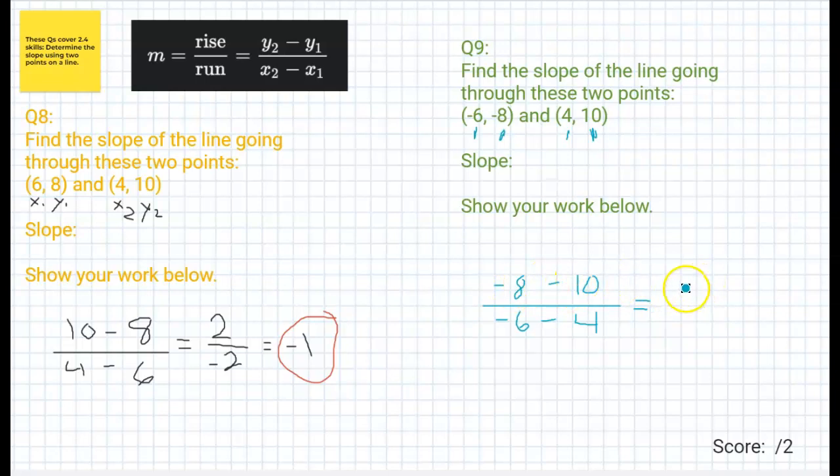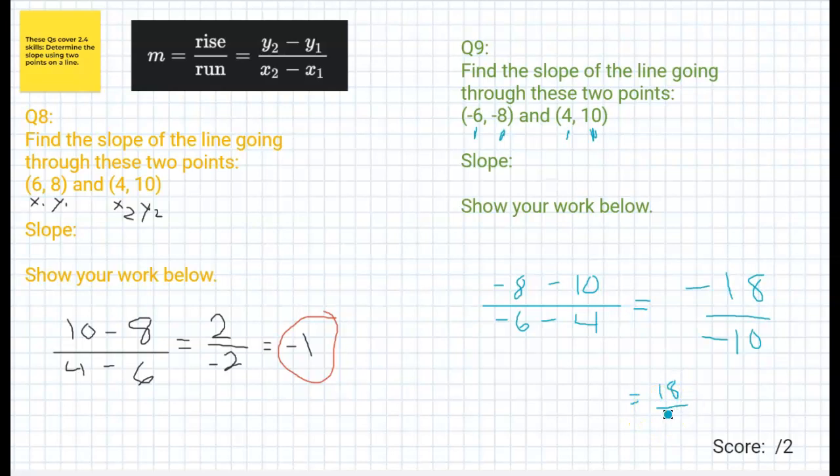So -8 minus 10 is negative 18. And then negative 6 minus 4 is negative 10. And then a negative divided by a negative is going to be a positive. So I have 18 over 10.